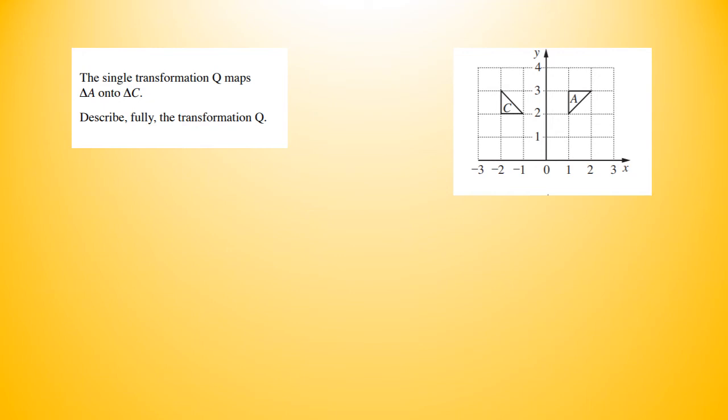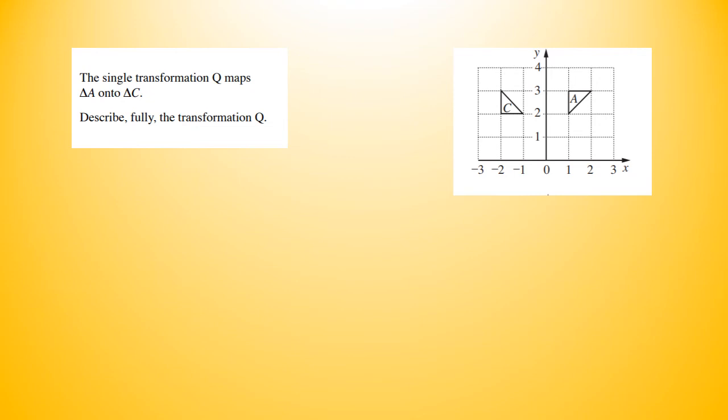It has not enlarged, but it has flipped. So this is not an enlargement. This is not a reflection. Neither is it a translation. The original figure has not moved in a straight line.